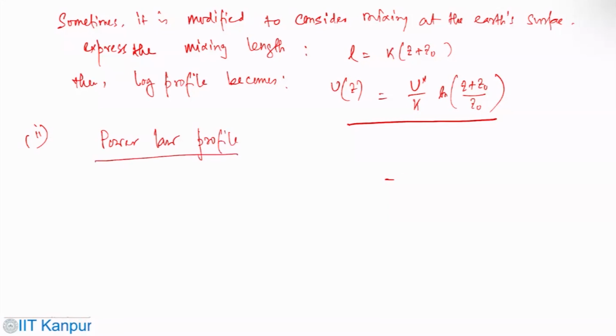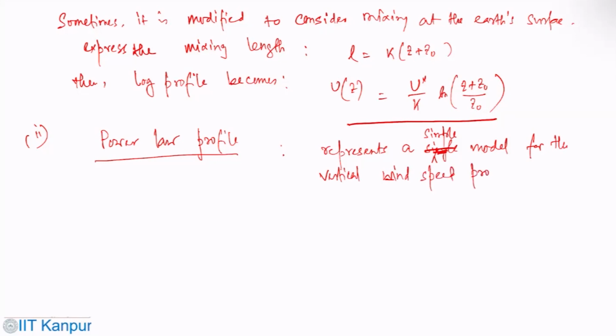The power law represents a simple model for the vertical wind speed profile.